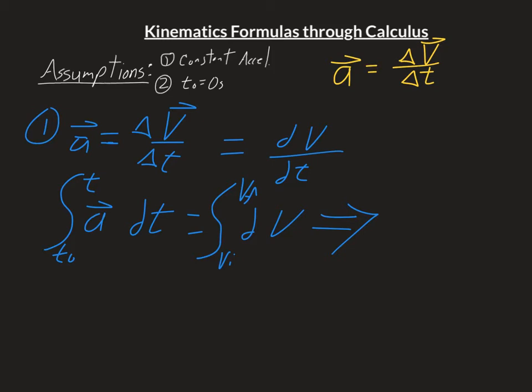So when I do that, I now have that A times the time spread across t naught to t is going to equal a velocity that is across v initial to v final. Simple enough so far, right?